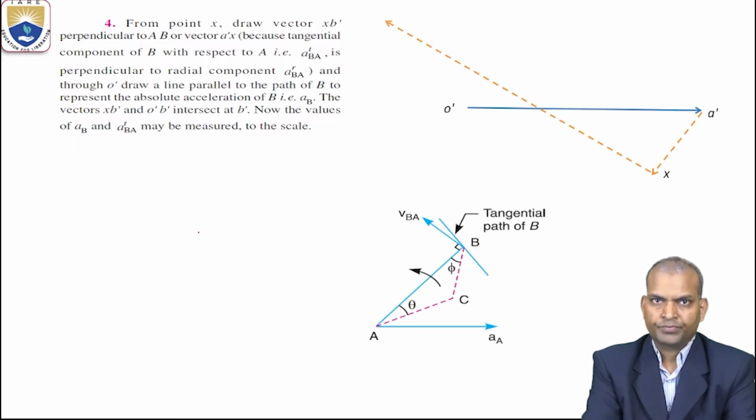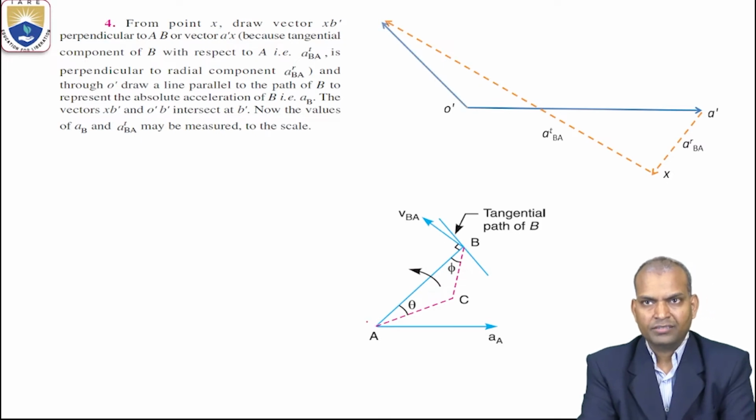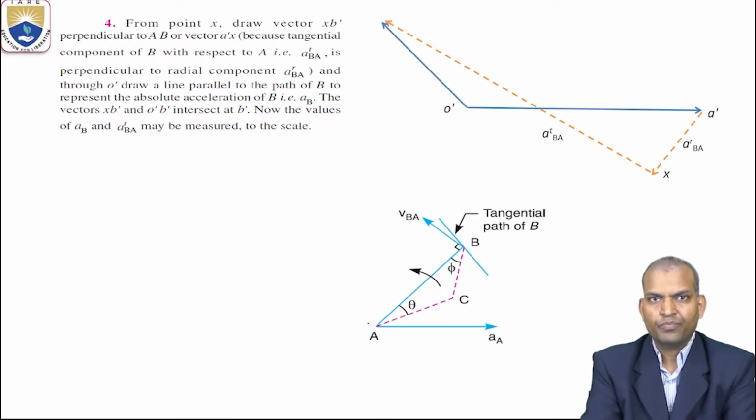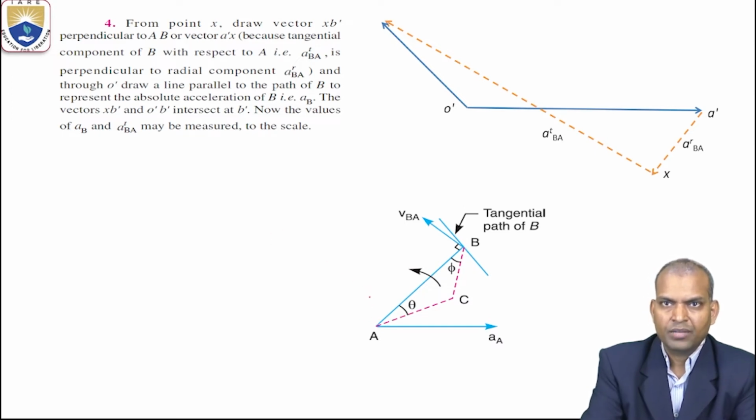Through O dash, draw a line parallel to the path of B, to represent the absolute acceleration of B, that is AB.